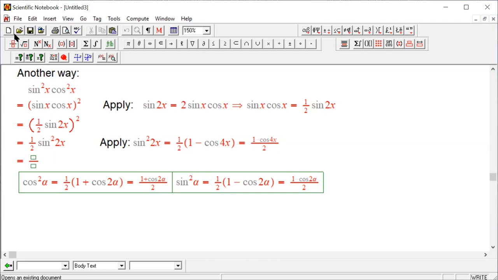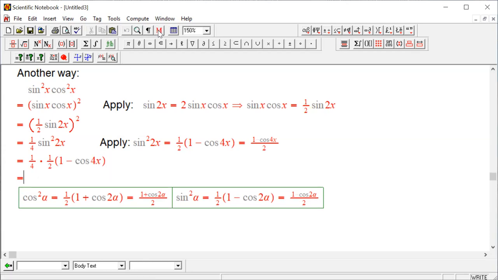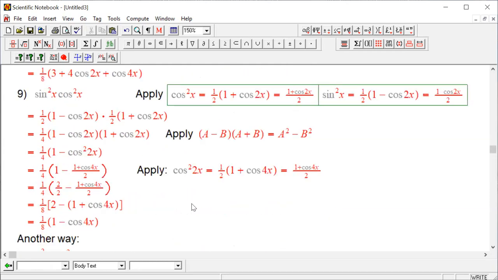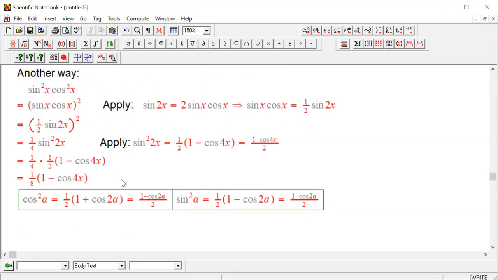So 1/2, oh wait, 1/2 squared is a quarter, my bad, a quarter. And sine square of 2x, you're gonna replace by one of these. So we're gonna just substitute, put that in. And in the end, we get 1/8 multiplied by whichever one is easier, it's your judgment. You can compare. I think the latter one is a bit easier.